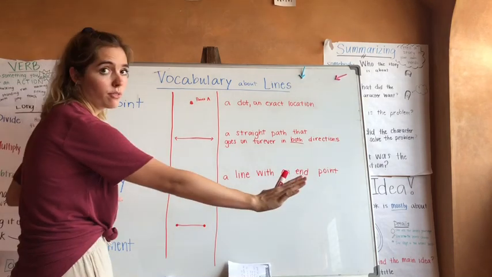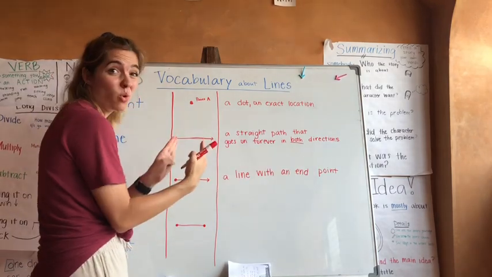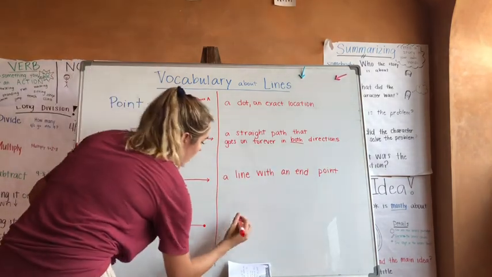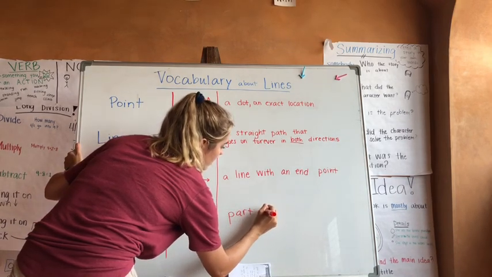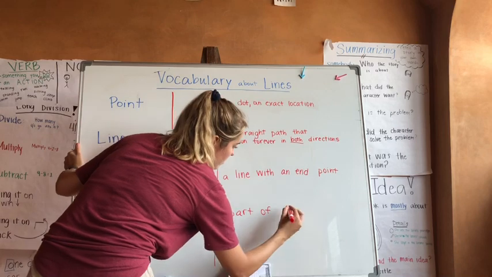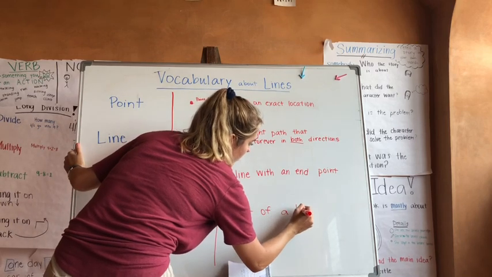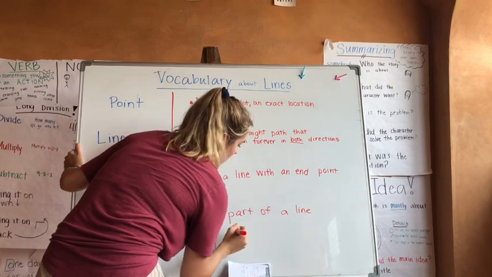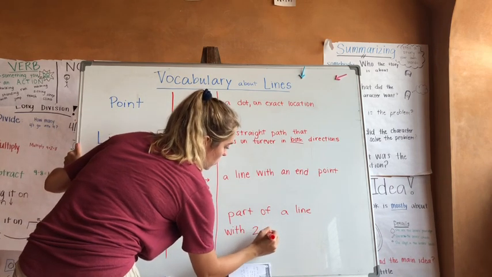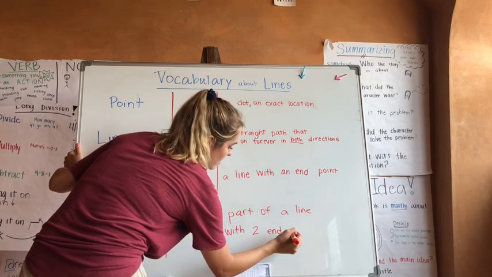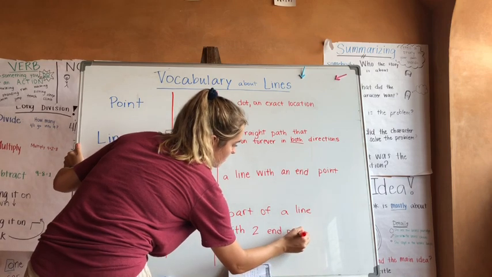They do not go on forever. It's only a part of a line. So a line segment is part of a line with two end points.